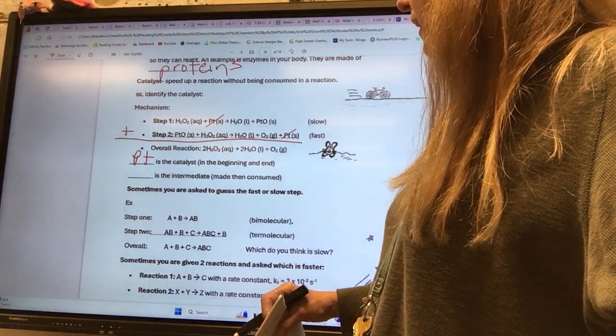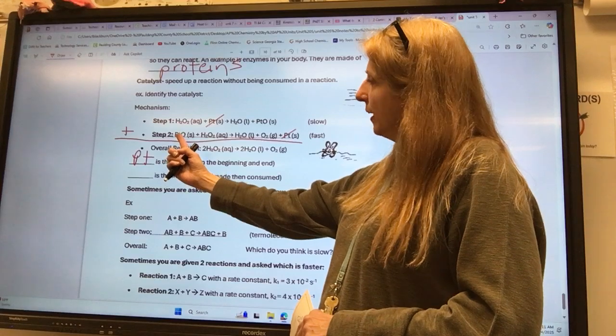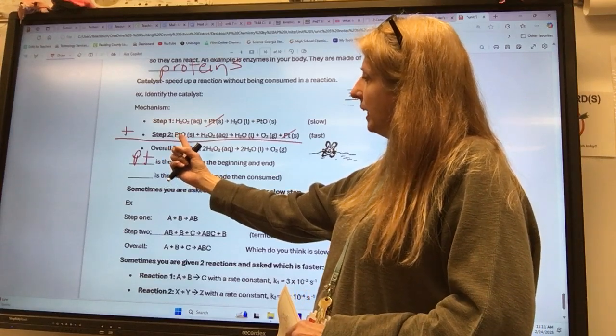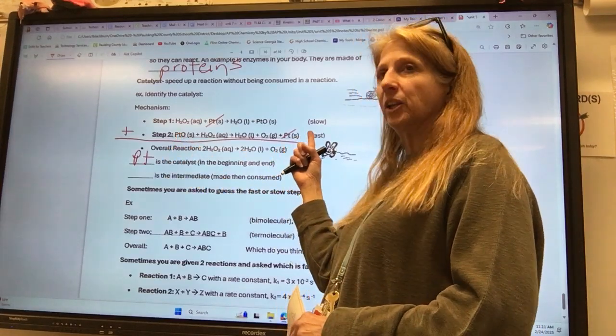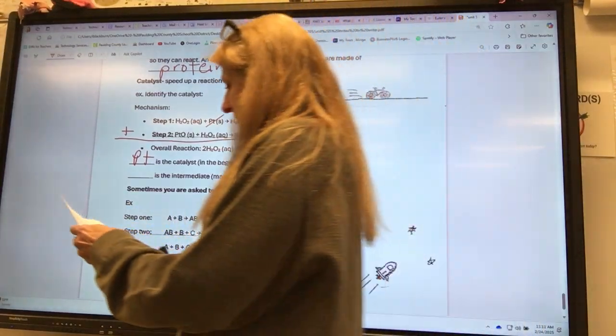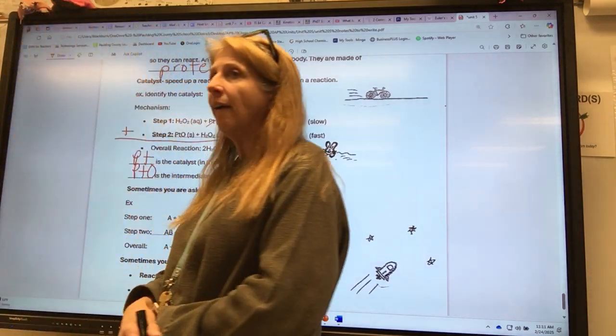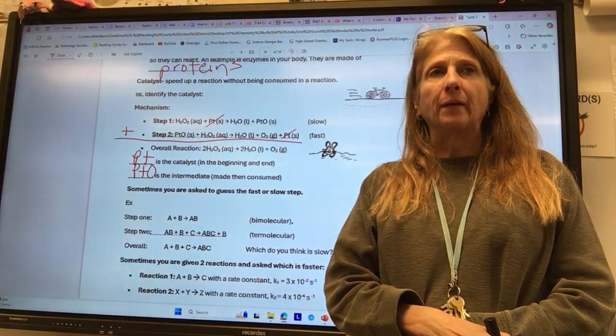PtO. Look right here. We made some PtO. It made it down to step 2 to get used, but it didn't make it to the products. So that is our intermediate, our PtO. Can everybody see that that's the PtO?